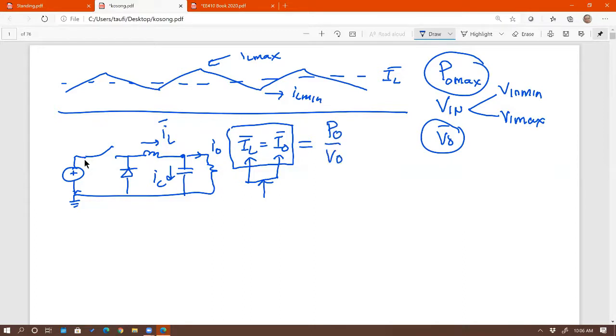Of course, for the worst case scenario, you want P out max. That's going to be the maximum value of the average current through the inductor, P out max over V out. But in general, IL average in a buck converter is equal to I out average, which is equal to P out over V out. Any questions on that?